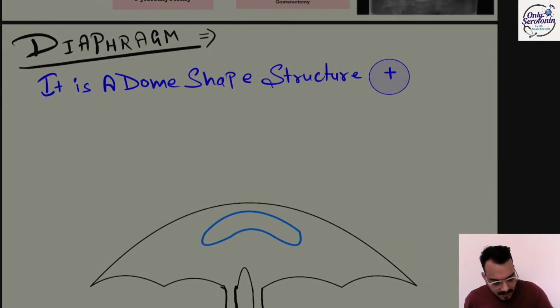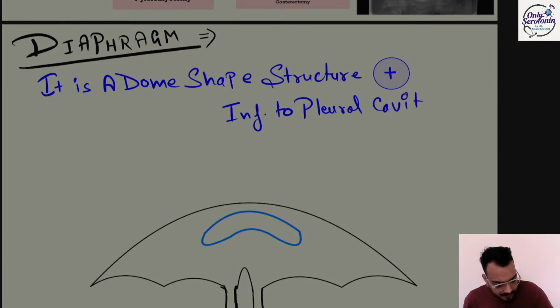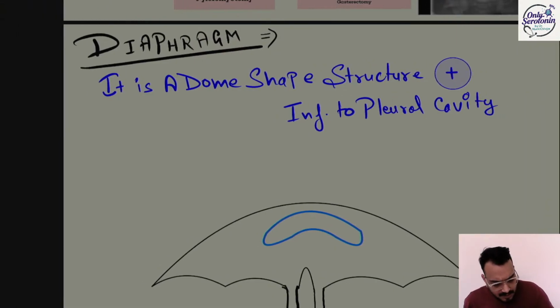This structure is present inferior to pleural cavity. What you should know about this structure, it is made up of muscles as well as tendons. That's why we call it musculotendinous structure.